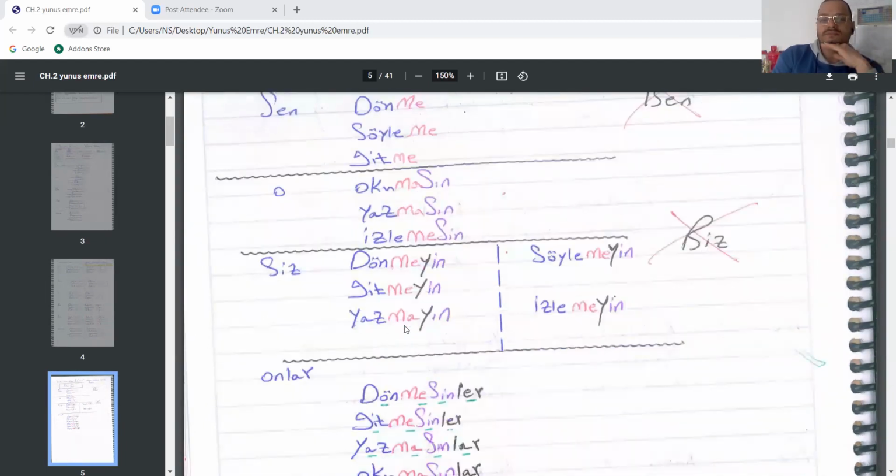With siz it will be the same me or ma, but here we have a vowel letter, so I must put y, to be dönmeyin, gitmeyin, yazmayın. Here we can use it when we talk with the professor, with a manager, with the boss, whatever, like that. Dönmeyin, gitmeyin, yazmayın, izlemeyin, söylemeyin.